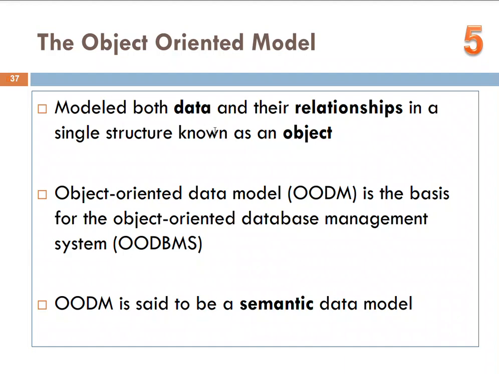So the data and relationships are represented in that object, a single structure. The object-oriented data model is the basis for the object-oriented database management system, OODBMS. The OODM is said to be a semantic data model. Semantic is something related to meaning in language or logic.